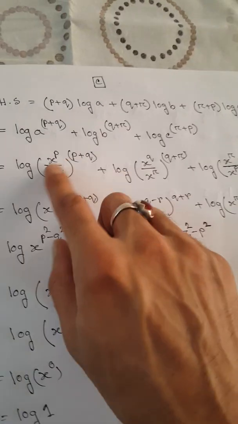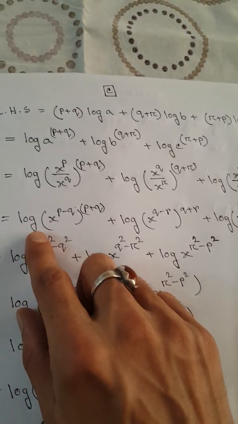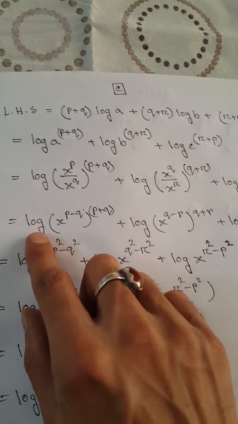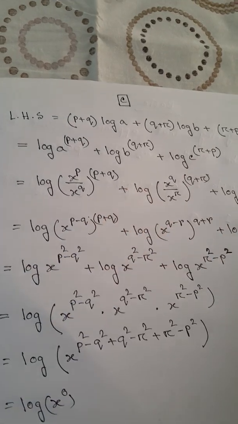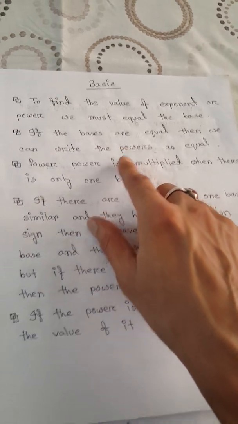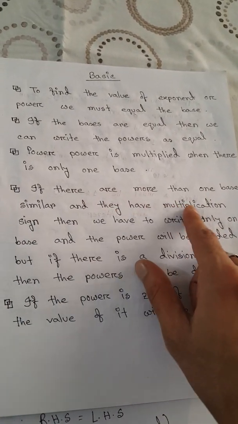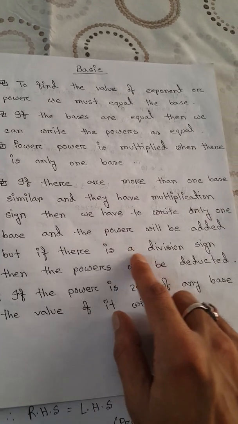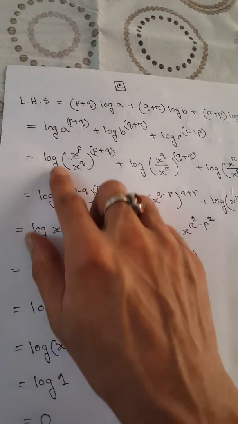So I think in the third line we don't have any problem. Again in the fourth line, log x to the power p minus q. Why is that? That is the simple basic we did earlier. If there is more than one similar base and they do not have a multiplication sign, here there is a division sign, then the powers will be subtracted.